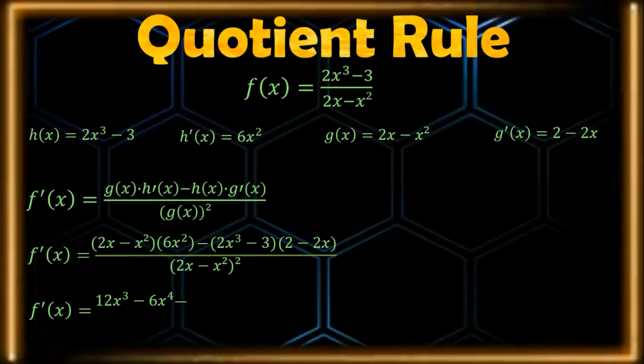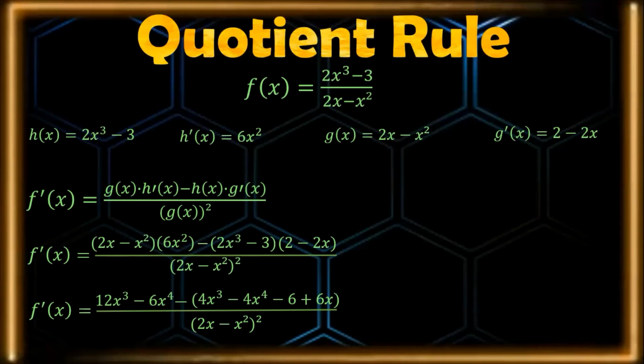Then using FOIL method, the result is 4x cubed minus 4x to the fourth minus 6 plus 6x all over the quantity of 2x minus x squared, quantity squared. Again, take note, after the given minus sign in the formula, do not forget to enclose the terms inside the parentheses.